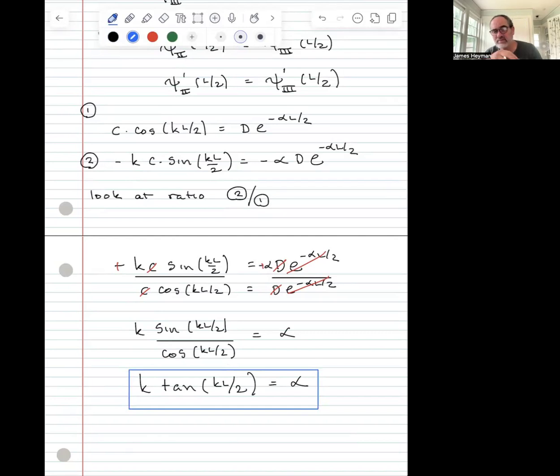So by using that trick, we found a property that every even energy state must have, which is that k times tangent of kL over 2 must equal alpha. Perfect.